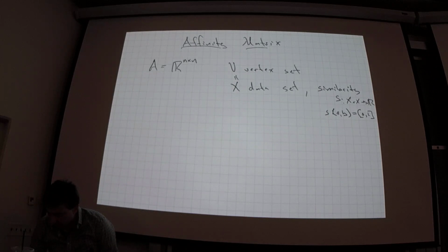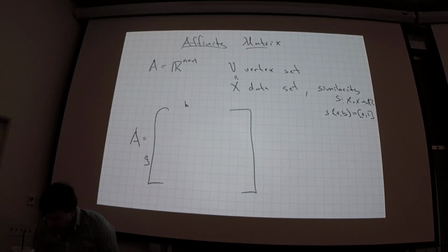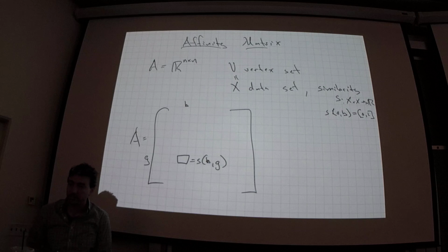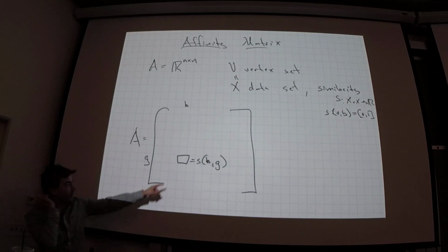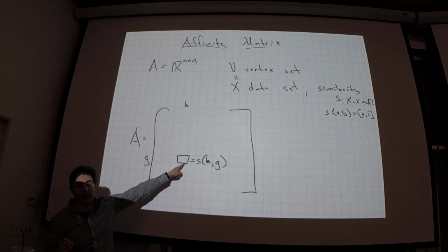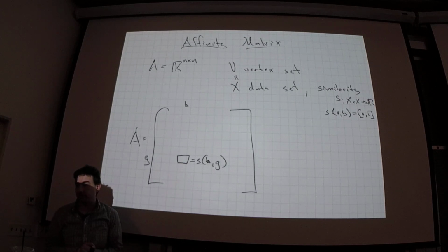Then this matrix is n by n, and say I have some values b and g. This cell is going to be the similarity between b and g. I just compute the similarity between b and g, and that fills in the cell. It's a real value between 0 and 1. Still an n by n matrix.